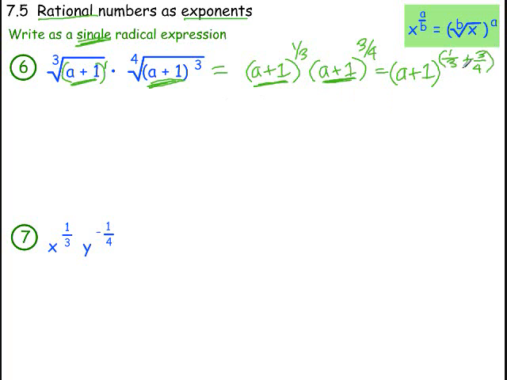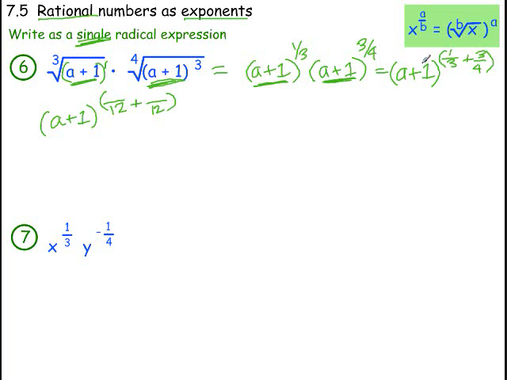I need to have them with the same denominator before I can go any further. A plus 1. What's that going to be? 12, isn't it? So it's going to be a denominator of 12.